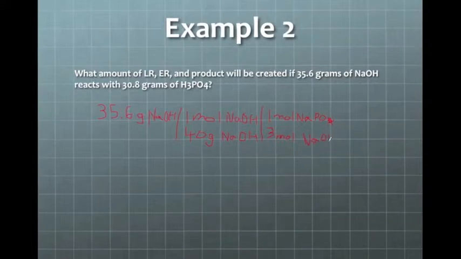Then you convert that into grams of H3PO4 using again the molar mass, and you get 29.07 grams. Then using the starting mass of H3PO4, you subtract 30.8 minus 29.07 to get 1.73 grams of excess reactant.